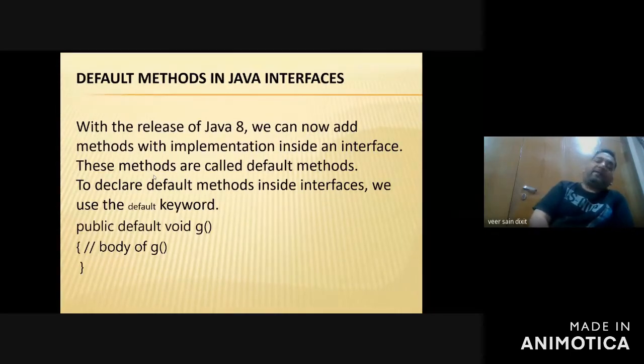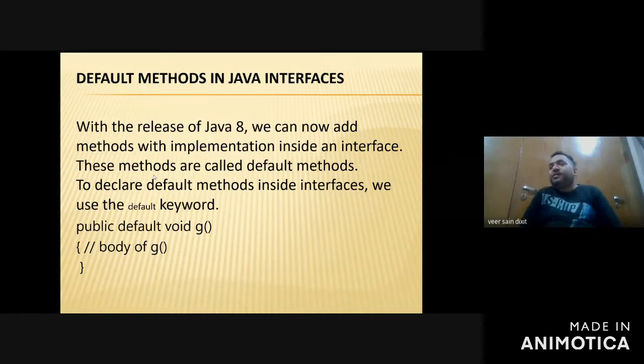In the previous class, I took an example of default methods in the interfaces. The problem is this, as I told you, what is an interface? An interface is a collection of declarations of methods and constant values.